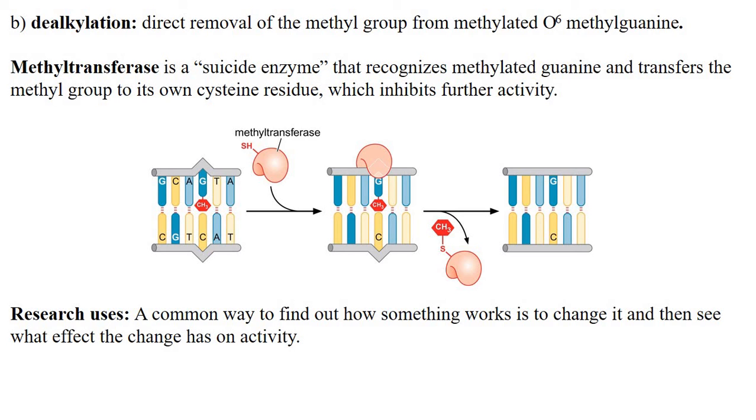There are many ways researchers use these different methods of causing DNA damage to understand the function of genes, or repairing the damage that has happened, to understand how these different mechanisms work. Most of the time, how to know how something works is by changing it and seeing what happens to its activity. Say, for example, if we knock out methyltransferases, what happens to the cell?